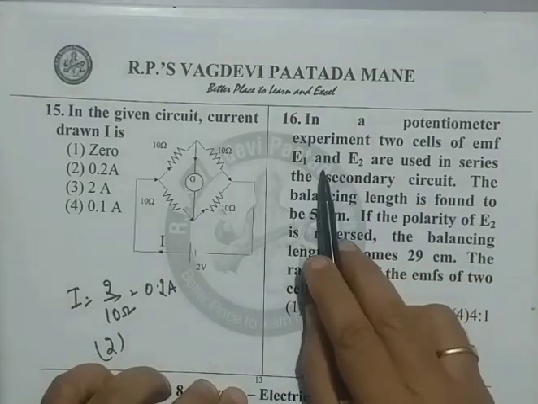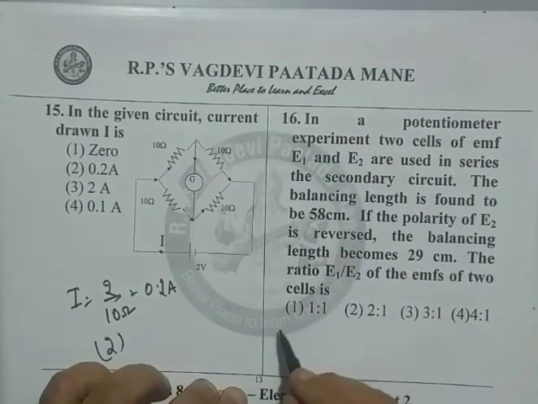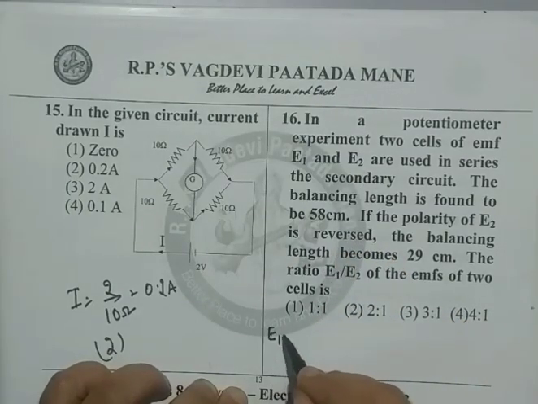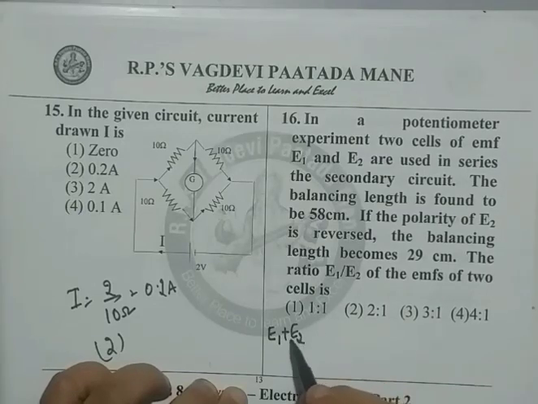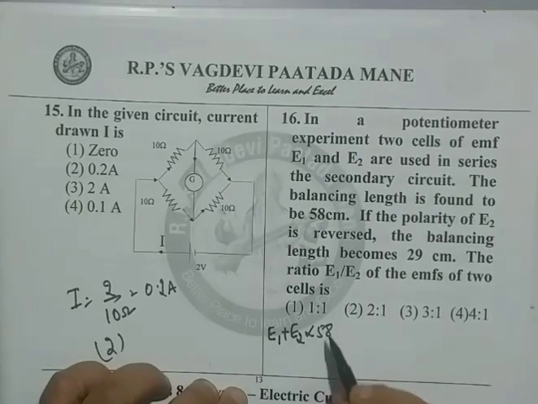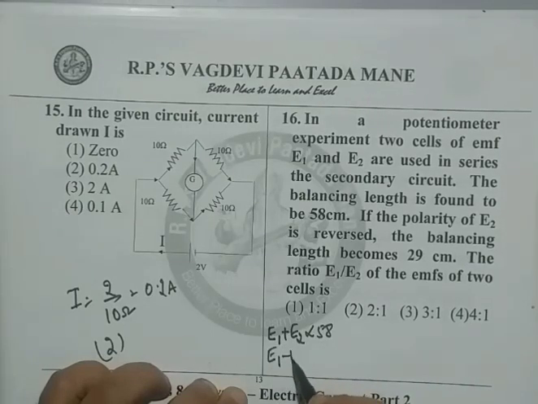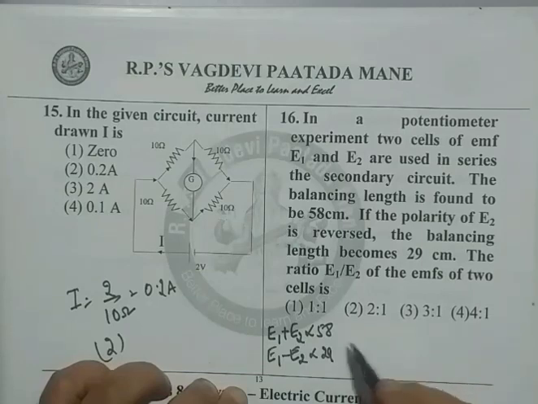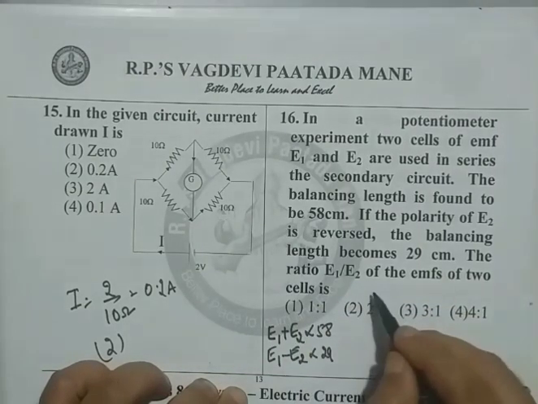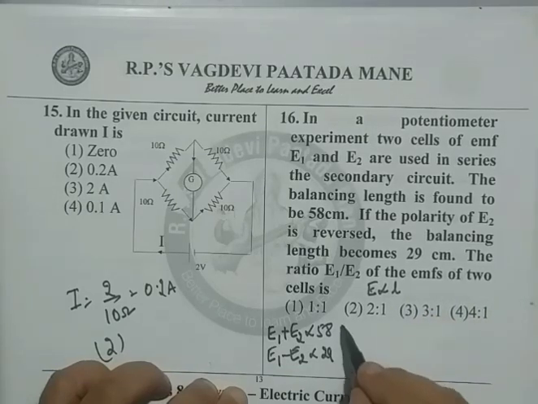In the beginning E1 and E2 are in series, therefore E1 plus E2 is proportional to 58. And then when polarity is reversed, E1 minus E2 is proportional to 29. As we know, in a potentiometer circuit, E is proportional to balancing length.